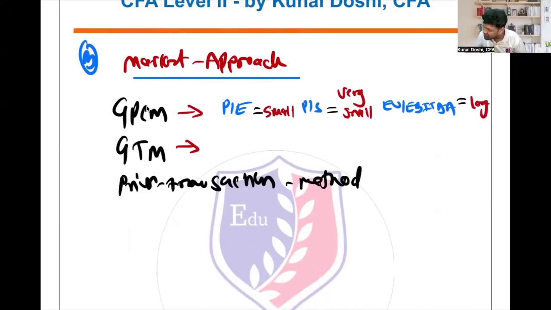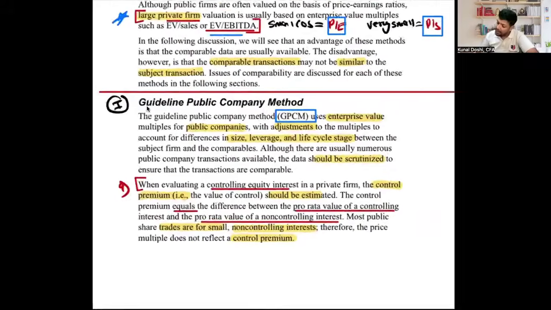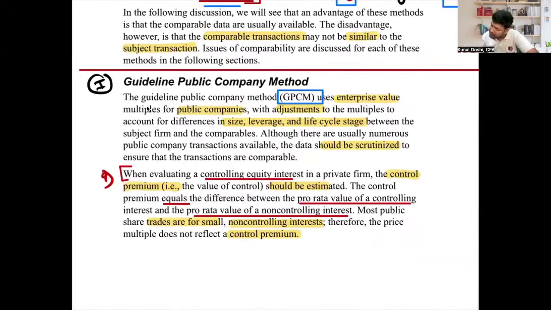When it is a large company, you use EV EBITDA approaches. Clear, everyone? Right? This is your guideline public company method. You will take the public company's information. Now you can use it for transaction also, but just remember, when I use the public company's valuation, I need to adjust for differences.